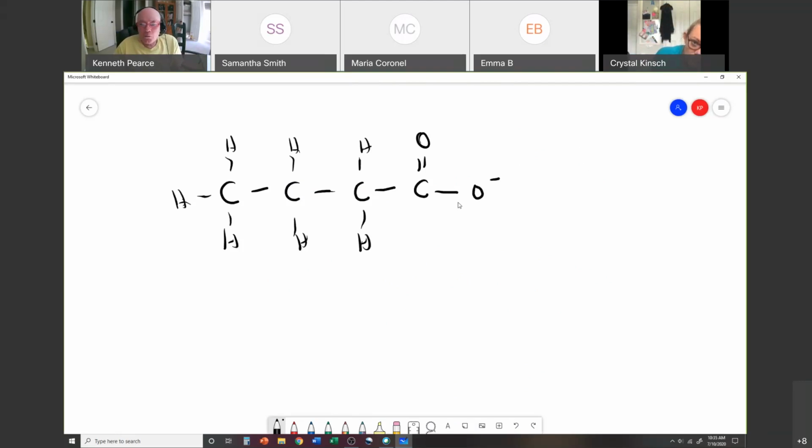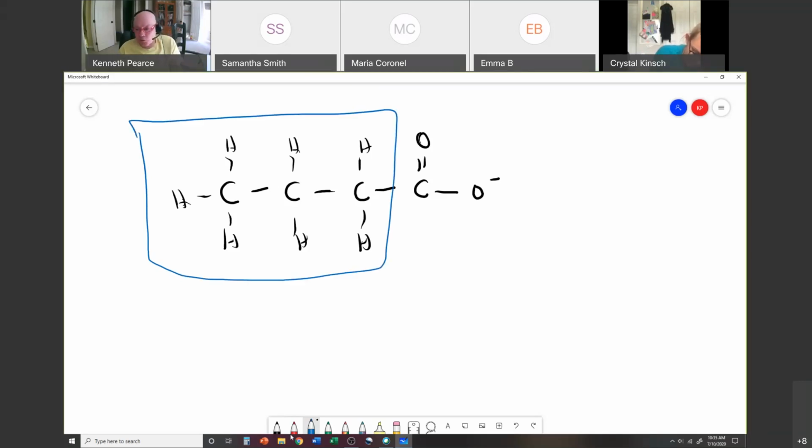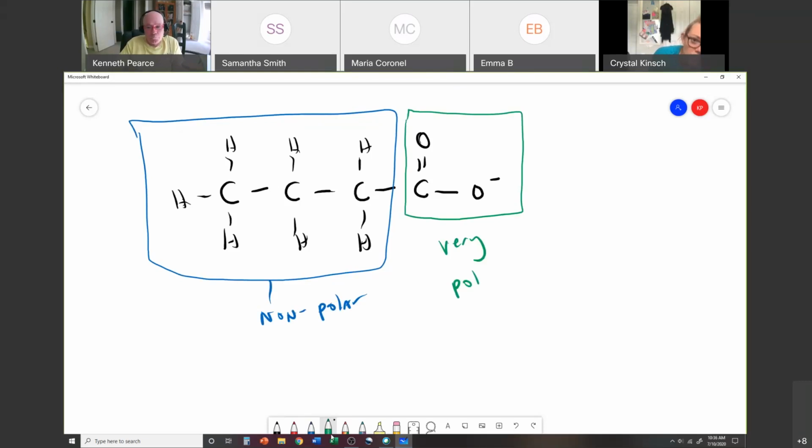Well, what do you think? This end down here, remember what I said about carbon hydrogens not being polar as far as organic chemists go? This end of the molecule would be nonpolar, but this end over here would be very polar. So within a molecule, you can have polar sections and nonpolar sections, and they become very important.